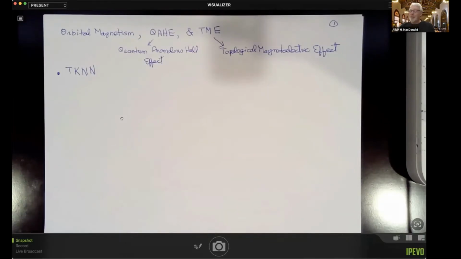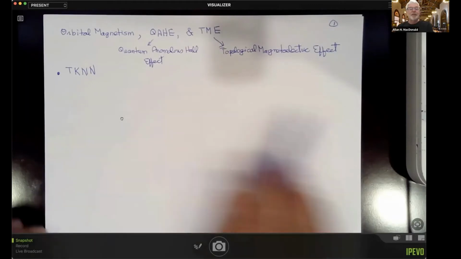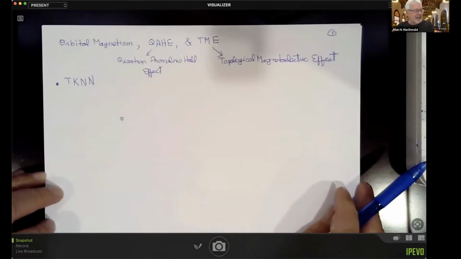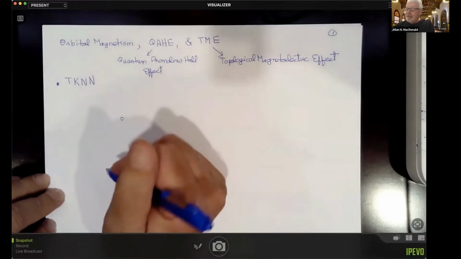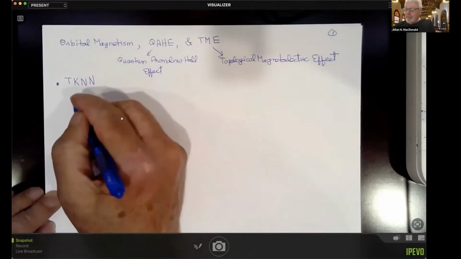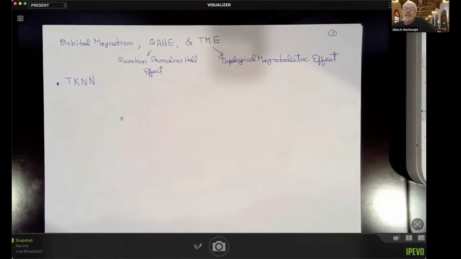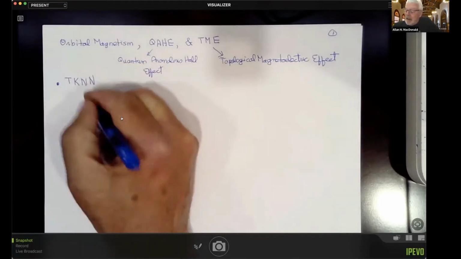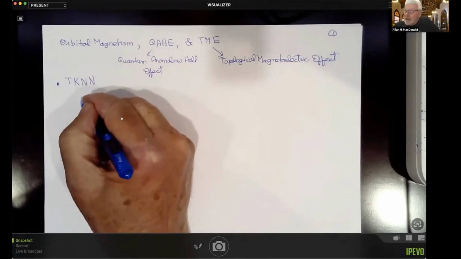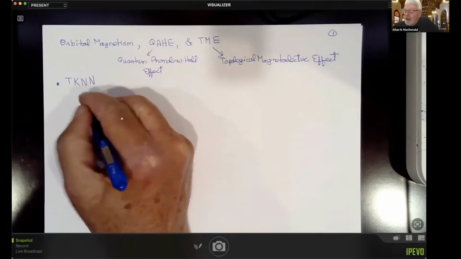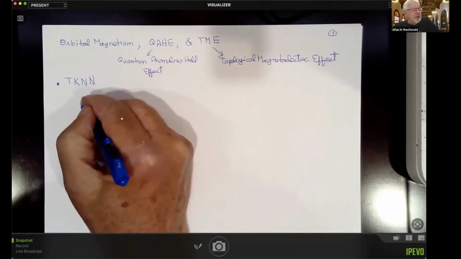It's part of my motivation for actually going through this, so you'll believe me when I say it later. This is a formula for the Hall conductivity of a two-dimensional insulator. And you can derive it, for example, from linear response.